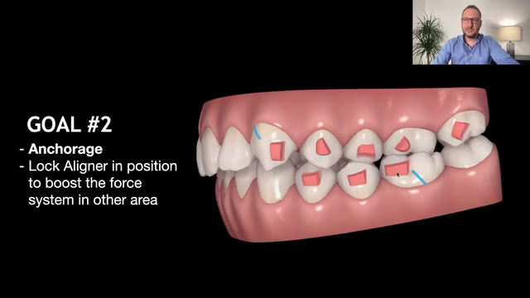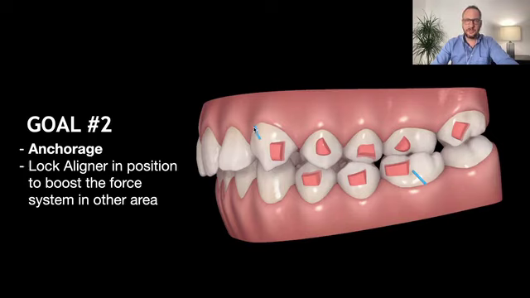So if we don't put this attachment here, even if we're not moving this 3.6, the elastic is going to force the aligner out. So we need to use attachments to lock the aligner in position. A conventional attachment is very good for this. And why I place it this way, look, with this surface facing down, and this other flat surface facing distal: because our force is exactly a composition of these two angles, right?